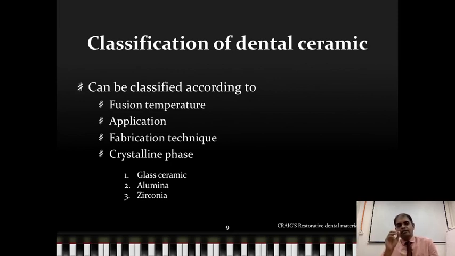We will emphasize more on this part, the crystalline phase. According to the crystalline phase, the classification of dental ceramic has three subcategories: one is glass ceramic, the second is alumina, the third is zirconia.